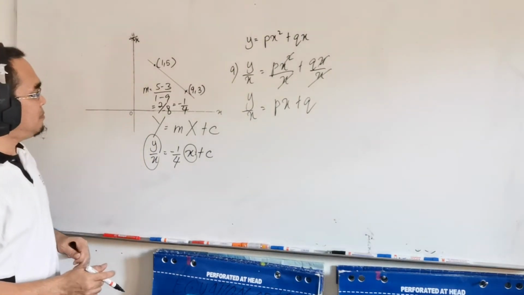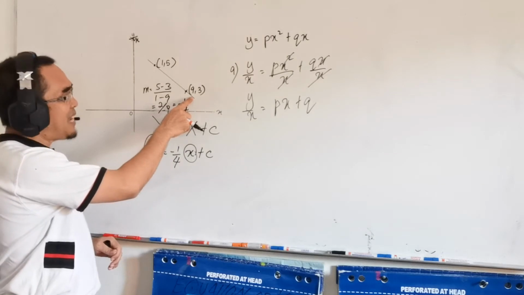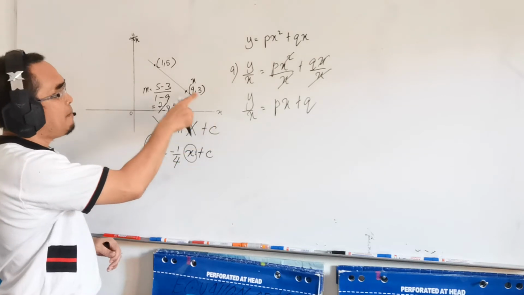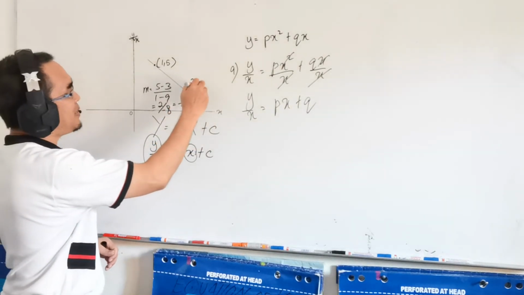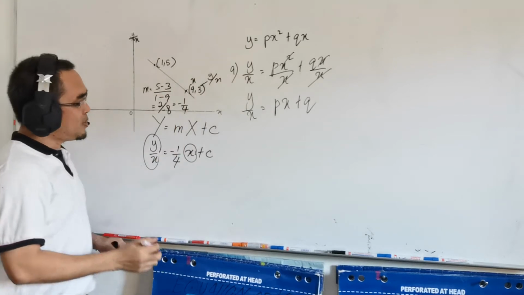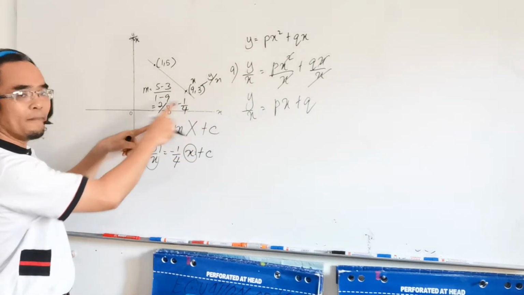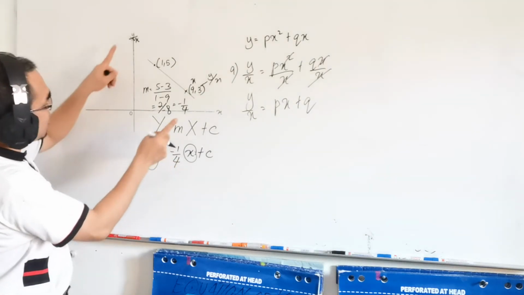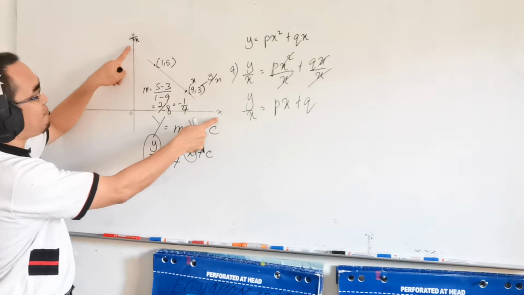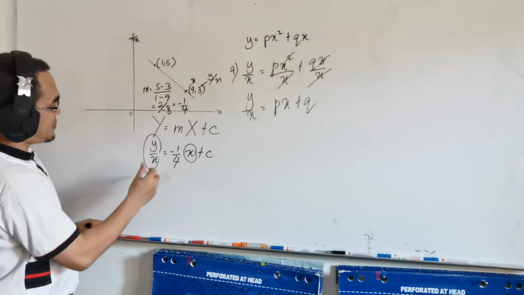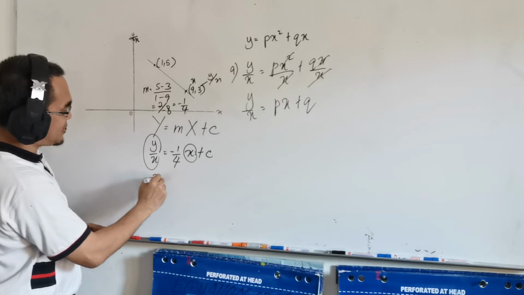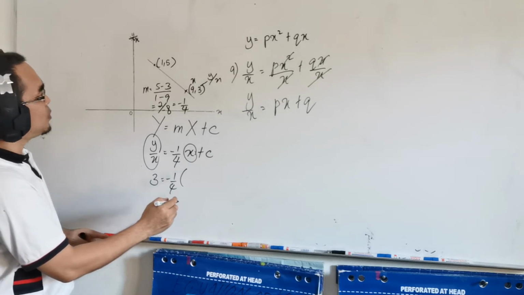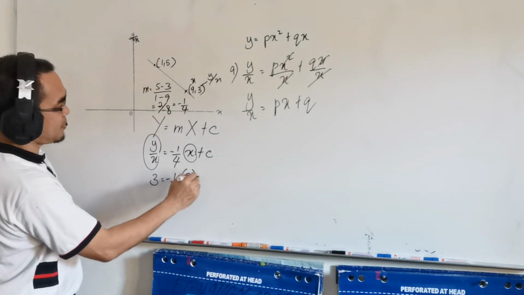Before doing that, you have to understand this 9 is actually x, because the label on the x-axis is x, but 3 is not y, it is y over x. That's why I prefer that we label the axes according to the graph given. So I replace y over x as 3: negative 1 over 4 times 9 plus c.